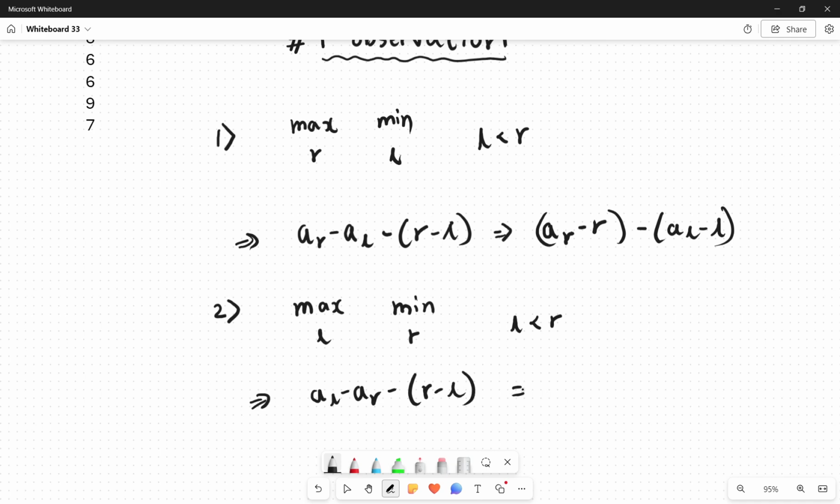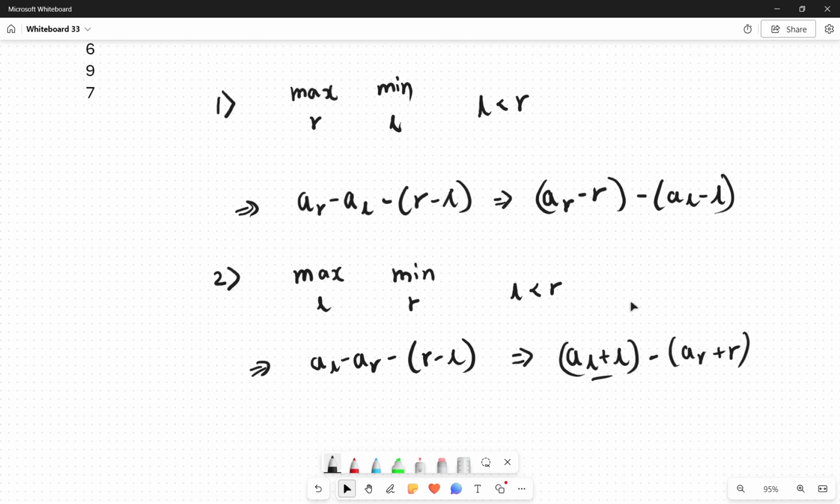So basically, you can rewrite this as AL plus L minus AR plus R. Okay, so wait a minute. Yes, it's correct. You can rewrite this as AL plus L minus AR plus R.